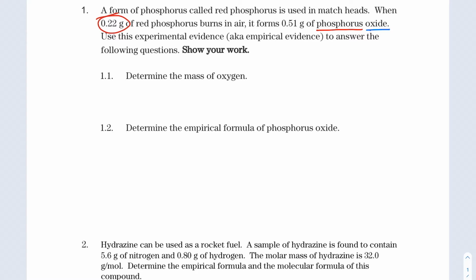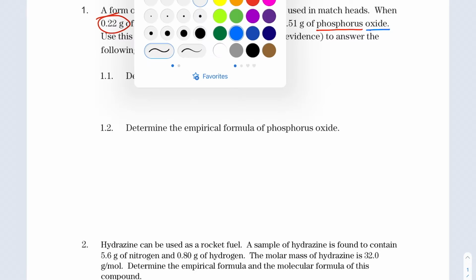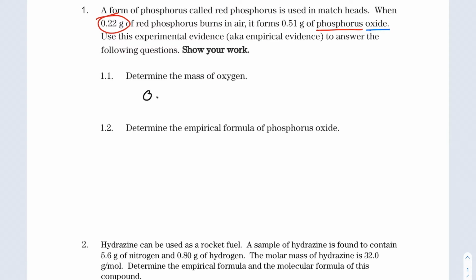So we're going to obviously subtract those two numbers. So we're going to say 0.51, and we're going to subtract 0.22 grams, and our final answer, doing the math, is going to be 0.29 grams.